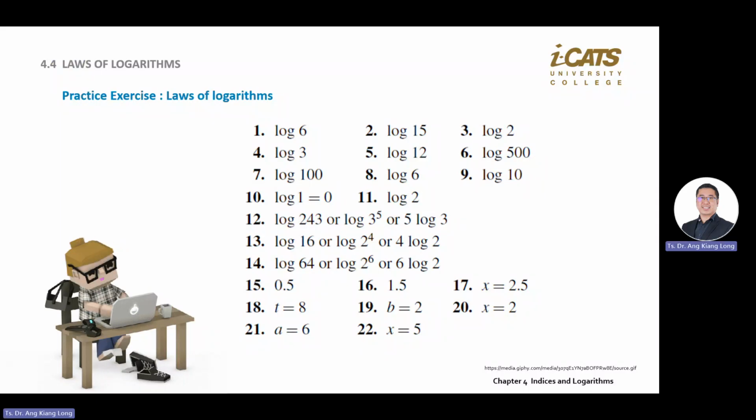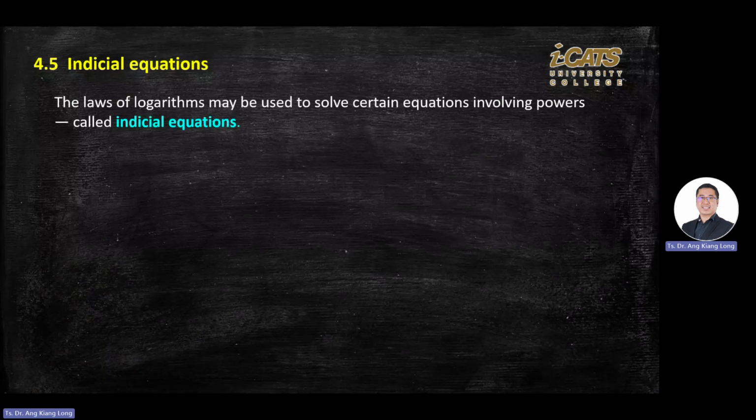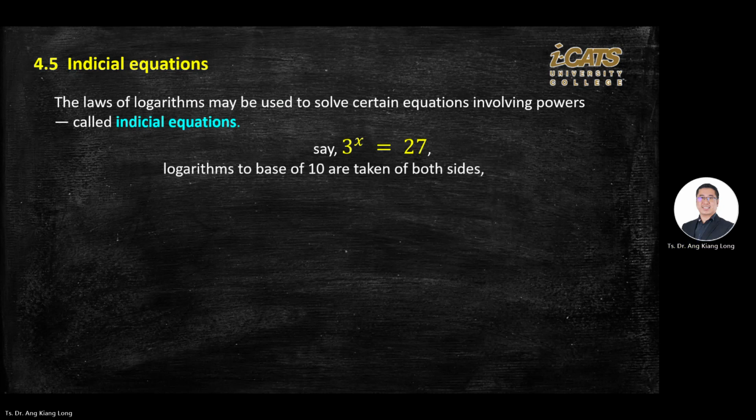Okay, so another one is just a recap of indexes or indices equations that link to log. Okay. So for example, you can convert between log and indexes. So for example, x power 3, you can change into log base 10. Okay.